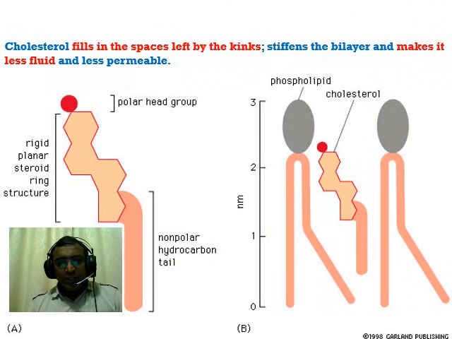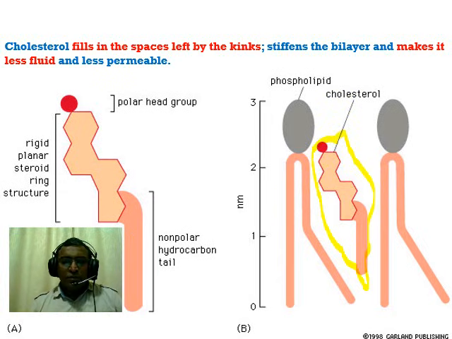So here you can see the cholesterol that has been put in order to restrain the movement of two hydrocarbon chains. This is how fluidity is controlled with the assistance of the cholesterol molecule.